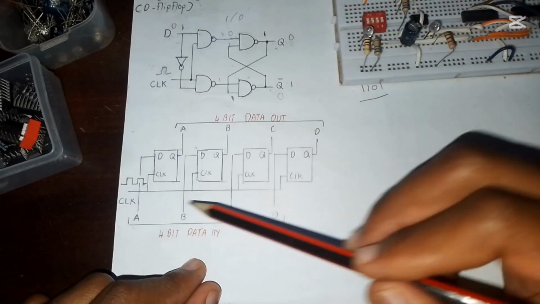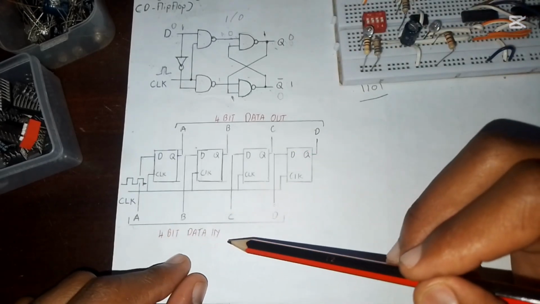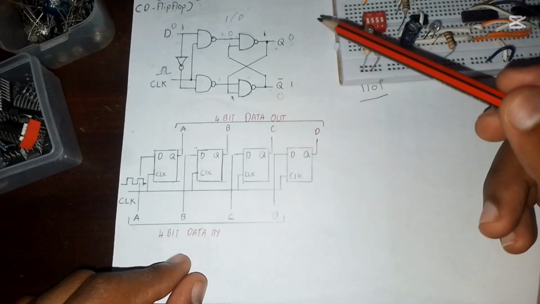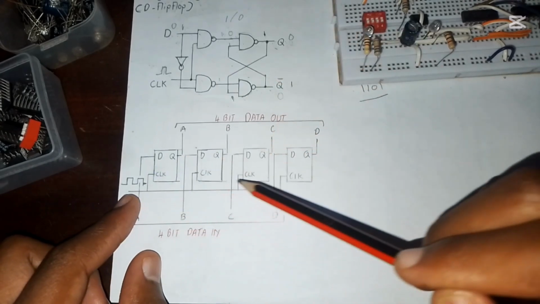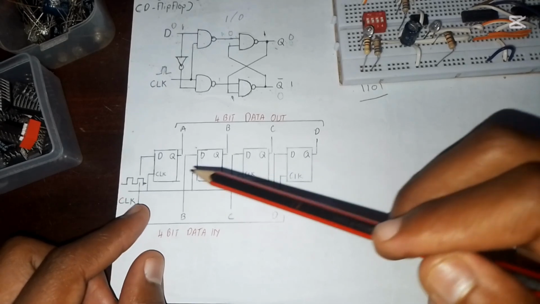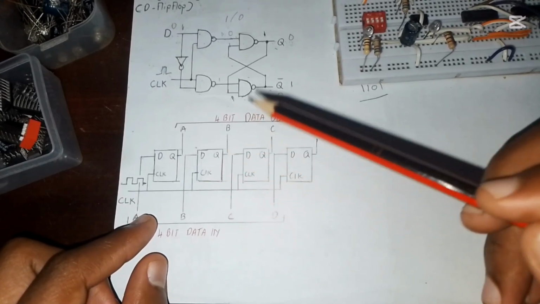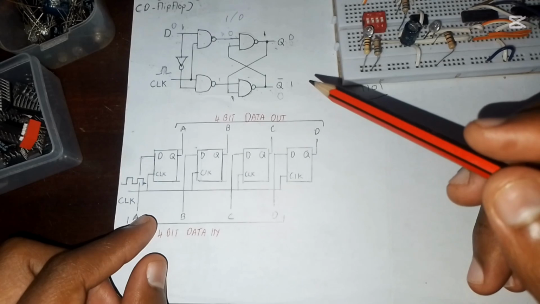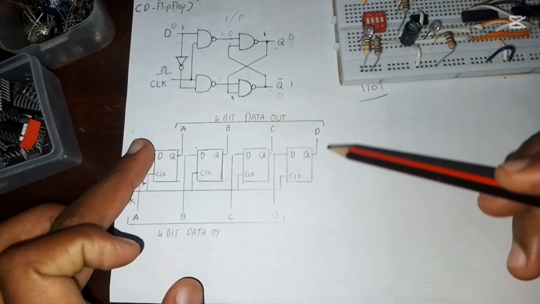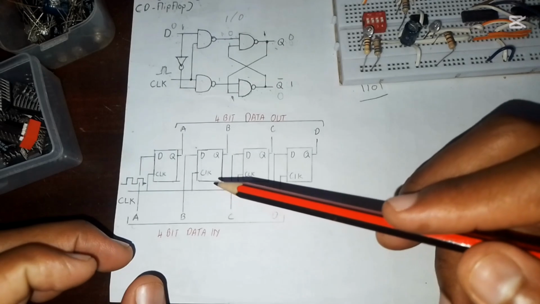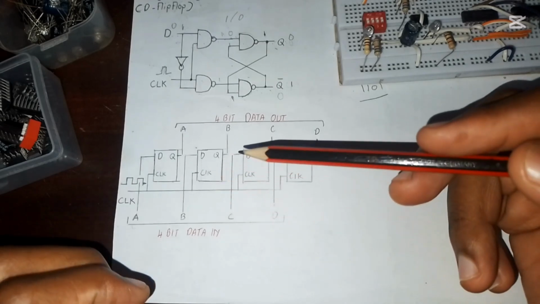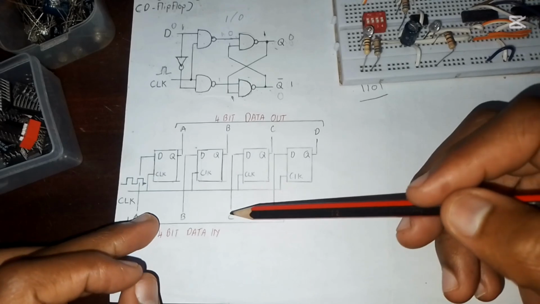So if it has 4, it's going to be a 4-bit memory cell, and it has a 4-bit output there. The clock is connected to each single flip-flop, meaning that each flip-flop will be getting the same clock pulse at the same time. There will be no delay. So this can be enclosed and it can be an IC, parallel input, parallel output.